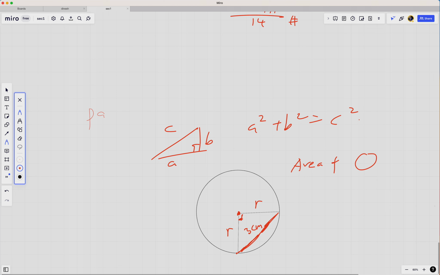You need to use Pythagoras' theorem. 3 cm equals to 3 square. 3 square is 9. 3 square equals a square plus b squared.